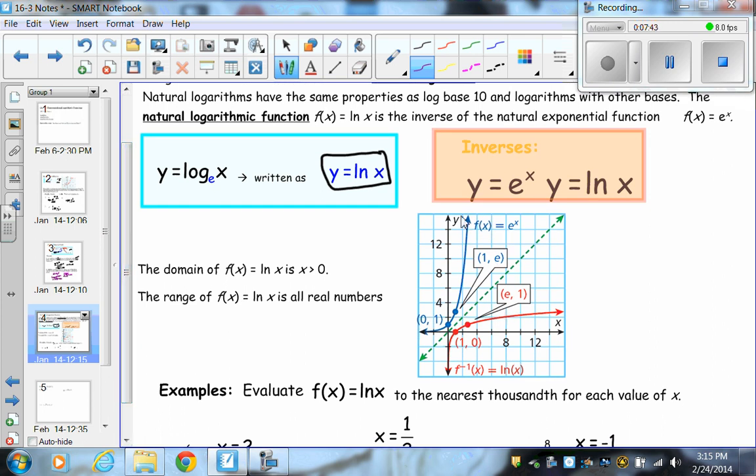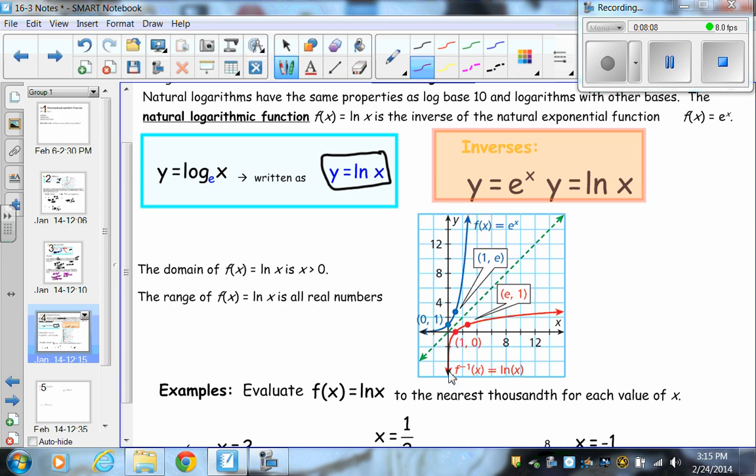So in blue here, we have that same graph that we talked about before, where the domain was all real numbers and the range was y greater than 0. Well, now in red, we have the graph of the ln of x, and if you notice, on the x-axis here, the x's do not go to the negative side.